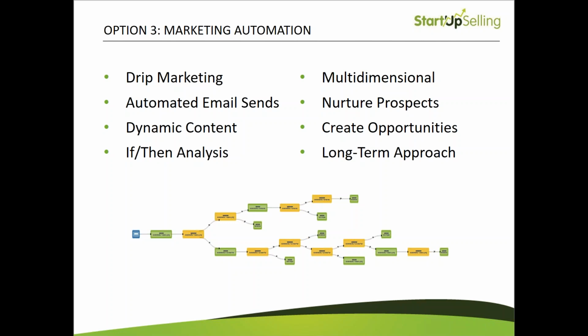So a really simple example, you're targeting me and Alan as your prospects. Alan and I both receive email A. Alan clicks on the first link in email A, so in a short period of time he gets email B. I don't do anything, so over a longer period of time I get email C. Alan clicks on the link in email B also, so he gets email D. I still don't do anything, so eventually I get email E, and then maybe you write me off as a prospect and send me back to your suspect pool, and your producer follows up on Alan with a call.